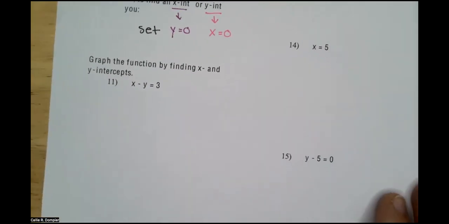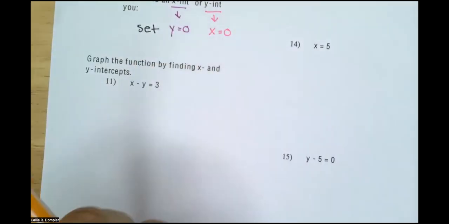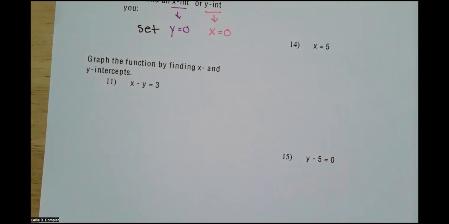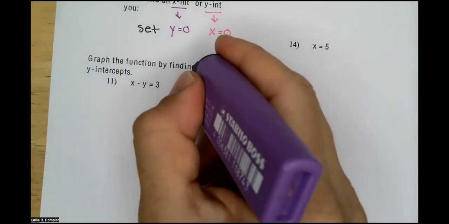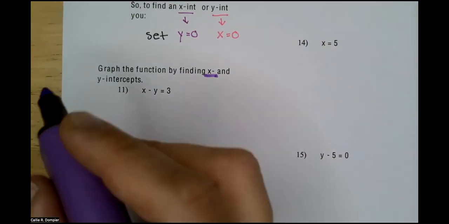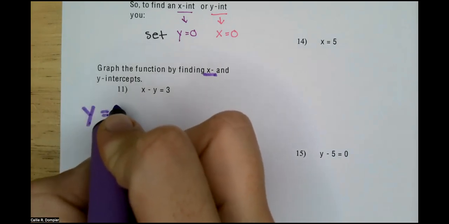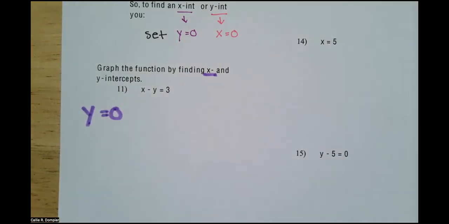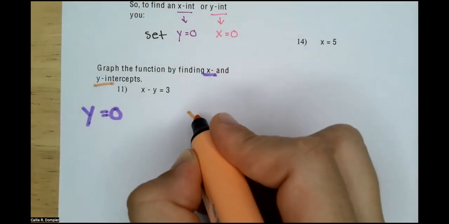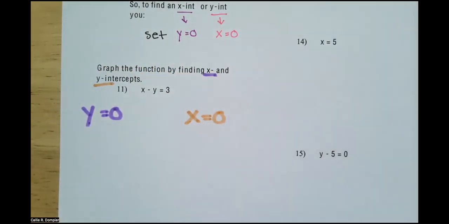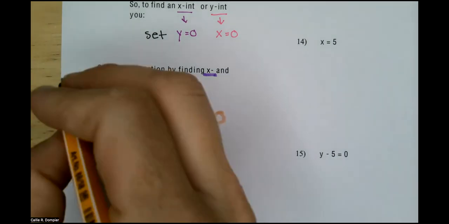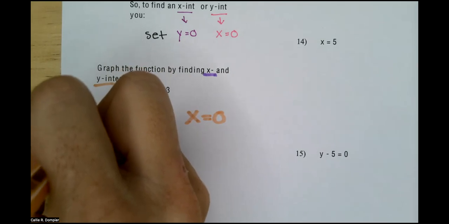To find the x-intercept, y equals 0. To find the y-intercept, x equals 0. All right. Y equals 0 to find the x-intercept.